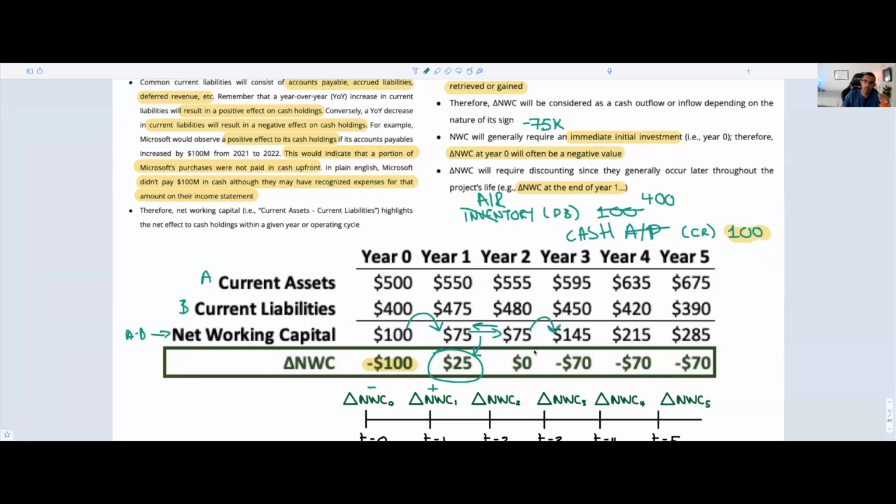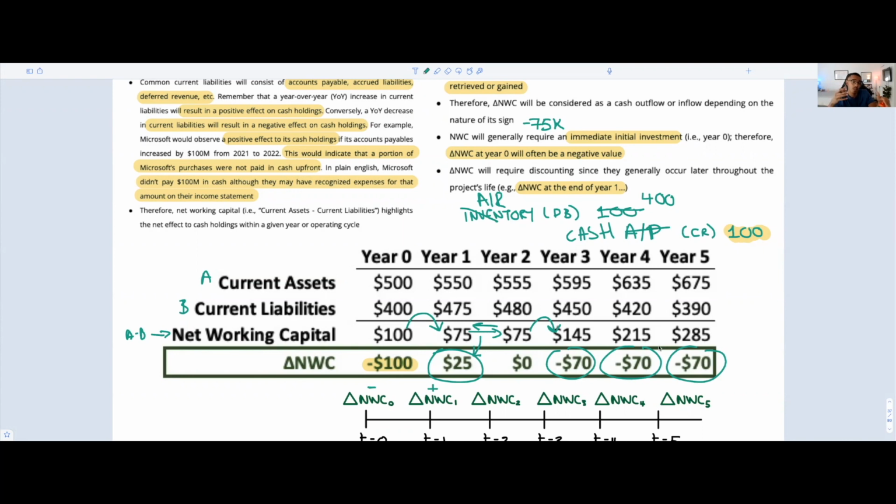Our NWC increased, which indicates that we have a negative change in net working capital. We have minus 70, and we have minus 70 for all those 3 years. These increases in NWC are a bad thing for us because it means more money is being trapped in the business. That's why when we look for a change in working capital, we get negative values on year 3, year 4, and year 5.